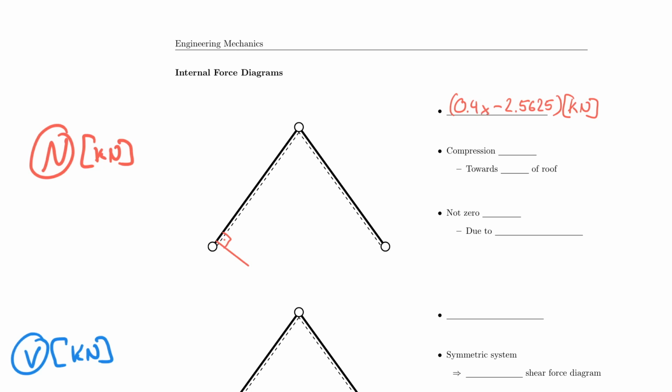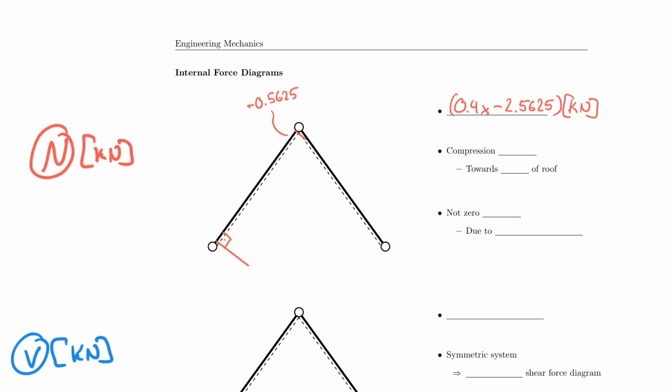If I plug in 5 there, I will end up with a slight value on the top, right? Because the top is a little bit in compression from the other part. So it looks something like this. And in fact, if I plug that in, I end up with a value of minus 0.5625.